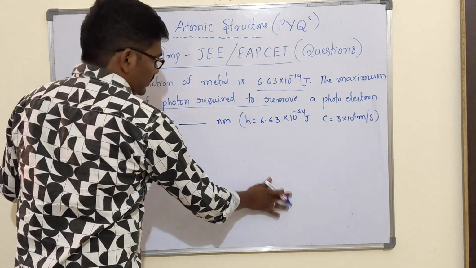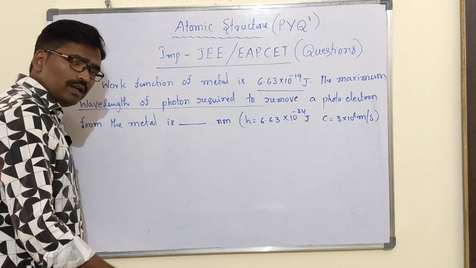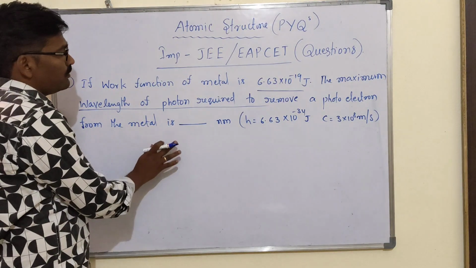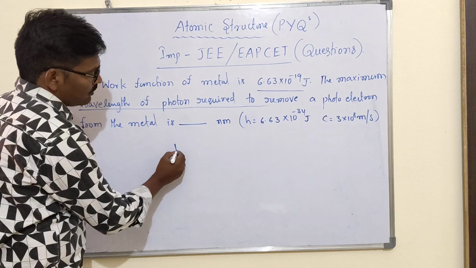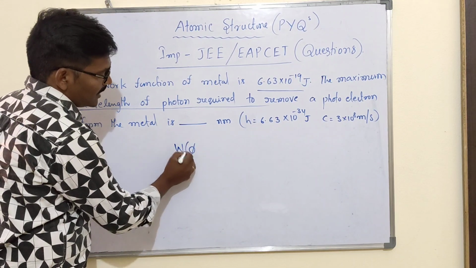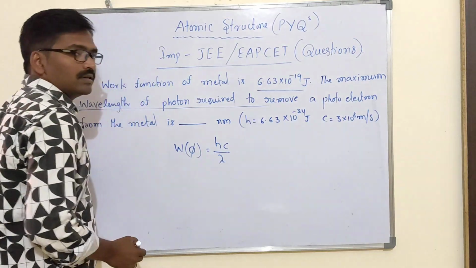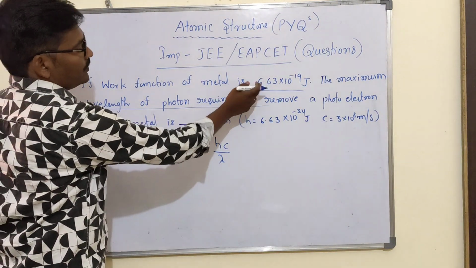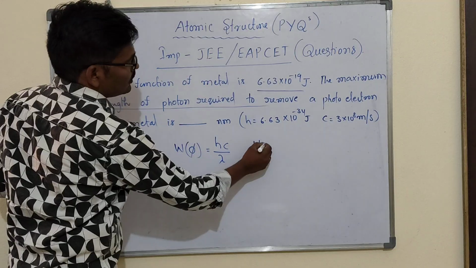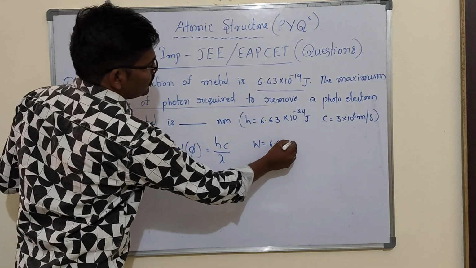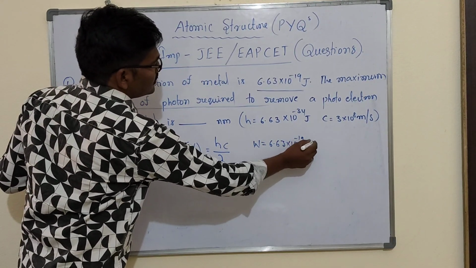Sir, here we already discussed what the photoelectric effect is. So what is the formula for the work function? Work function, psi, equals hc by lambda, right? The work function is given, equals 6.63 into 10 to the power of minus 19 joules.